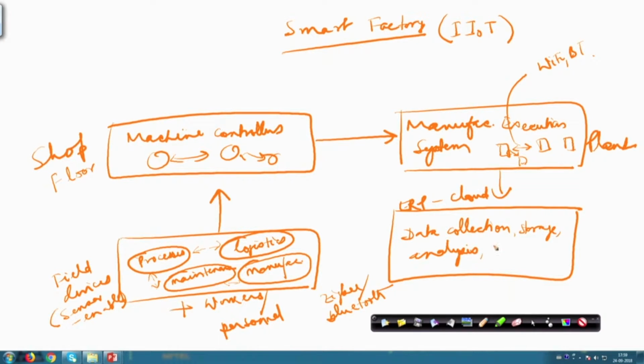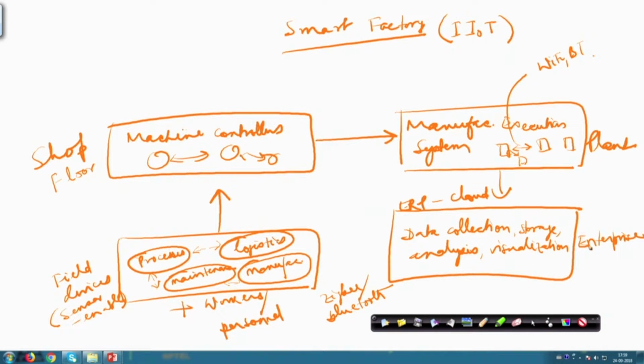Not just analysis, but visualization is also possible. So, all of these different things can be done. Holistically, this is your enterprise level. We started with the field device level, then the next level higher up was the shop floor, then the plant, and finally, the enterprise level.